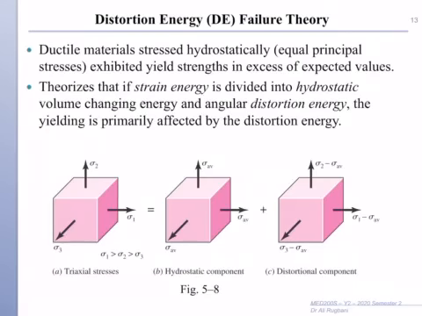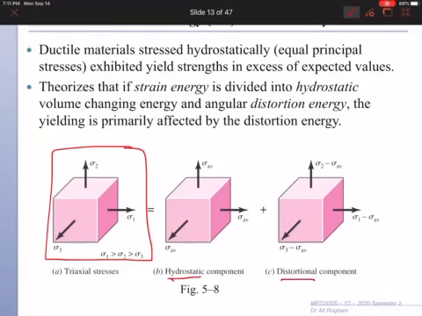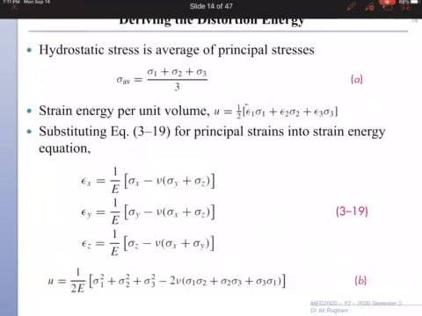So in this theory, we say that total distortion due to stress happens because of two things: a hydrostatic component and a distortional component. For the hydrostatic component, we say sigma is equal in all three directions, and then the distortional component is responsible for the change or distortion in the shape.